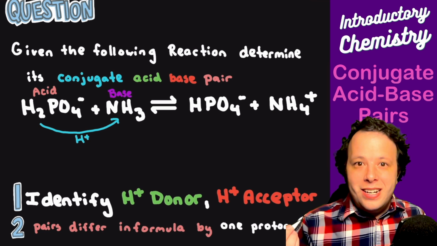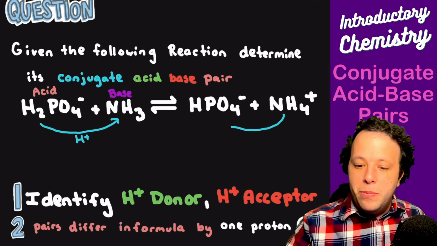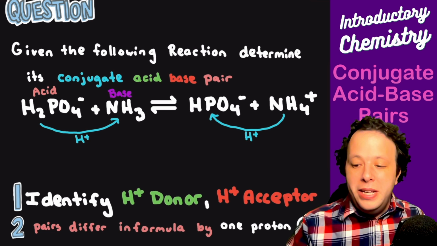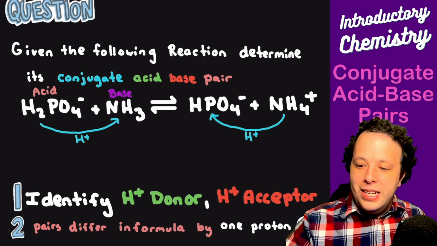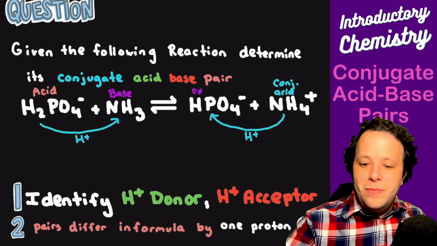Now on the opposite side of the reaction, what's the donor? We can see that NH4 plus is donating its proton to HPO4. So in this case, we have our conjugate acid and then our conjugate base.